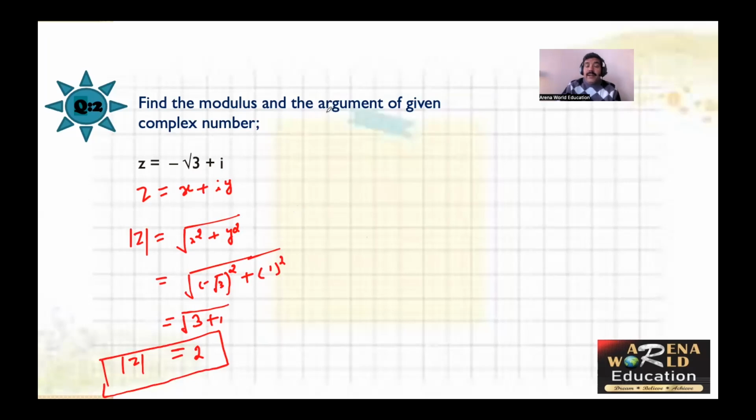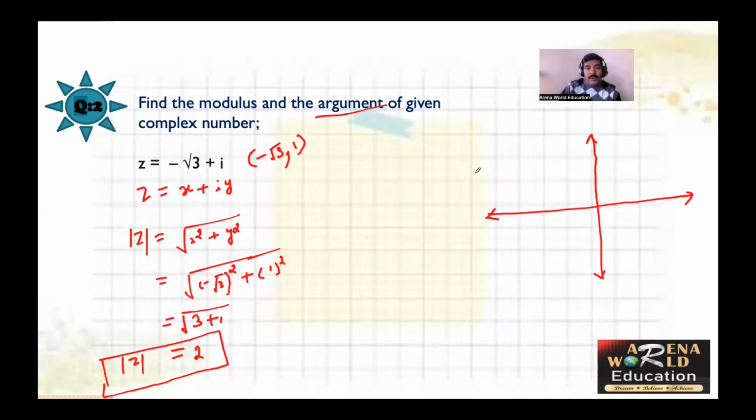Now we have to find argument. To find argument, what is the first step? Yes, we will draw the Argand plane. So this is the Argand plane. Now if we write minus under root 3 plus iota in terms of coordinates, real part is minus under root 3 and imaginary part is 1, right?